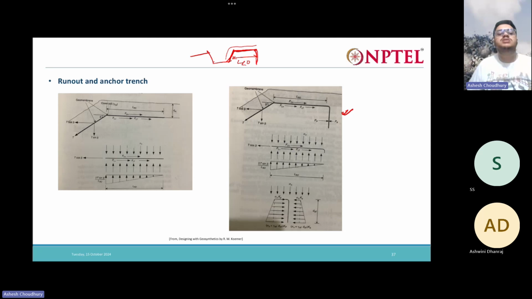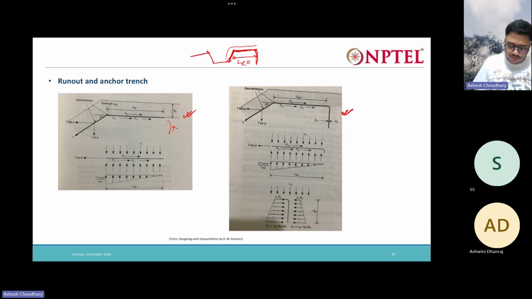So these are the two things. How to determine this anchor trench and this run out length, let us see. The first is the run out: there is no anchoring, it is just placed like that, and above that your soil is there. So this optimum length, whatever you have to put, you need to find out.